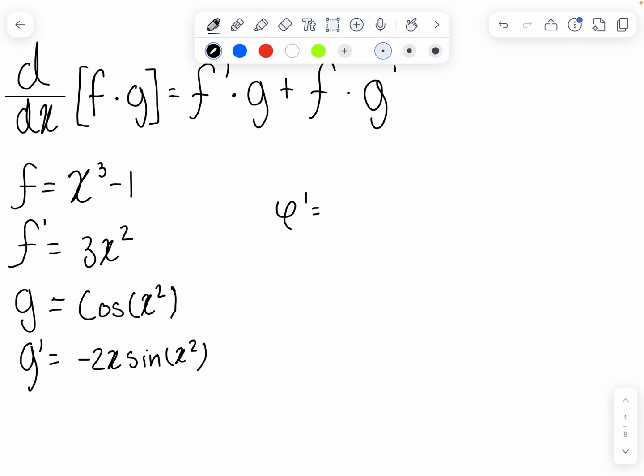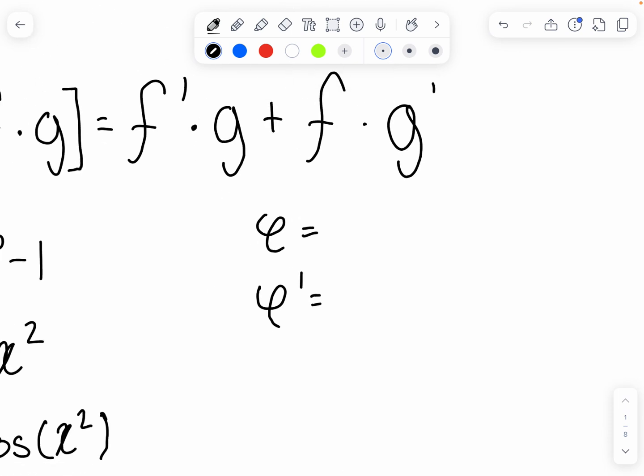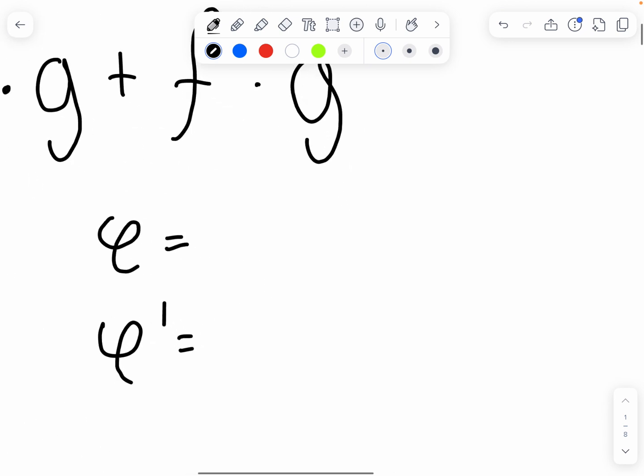It's the 20th Greek letter. Basically, this is going to equal x cubed minus 1 times cos of x squared.